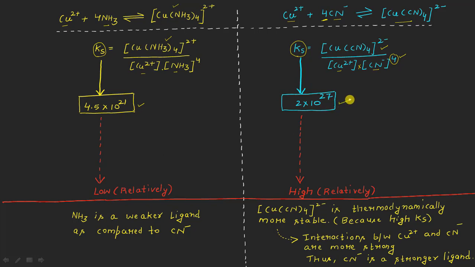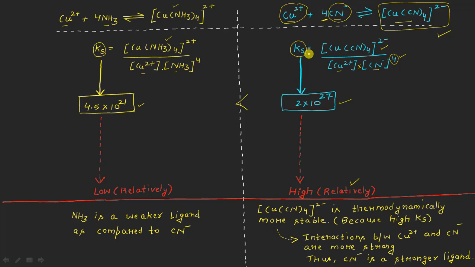So if we compare these two values, we can say that this value is relatively high. This means that whatever complex is present on the right-hand side will be thermodynamically more stable. It will be formed very easily, and thus it also indicates that the interactions between the cyanide ion as the ligand and the copper as the metal ion will also be very high.